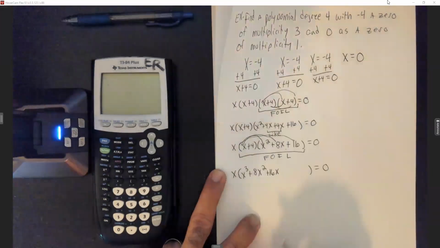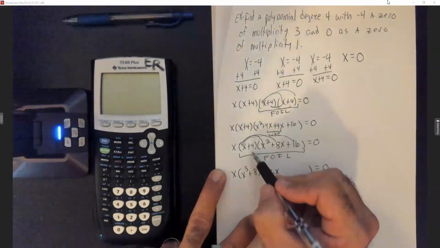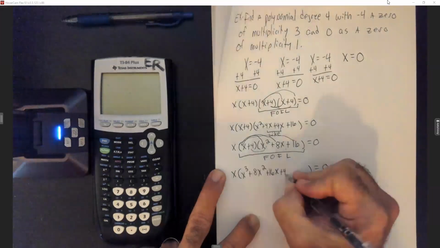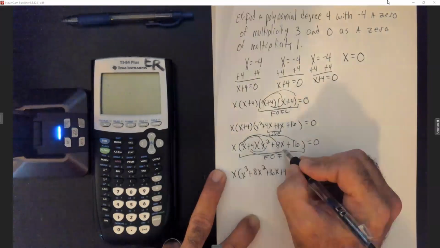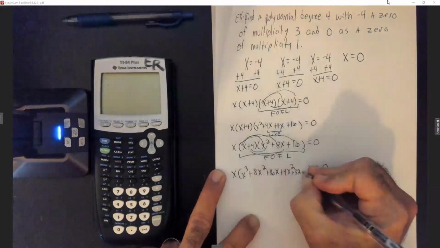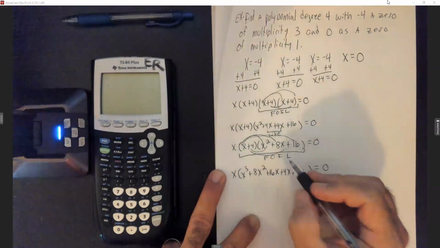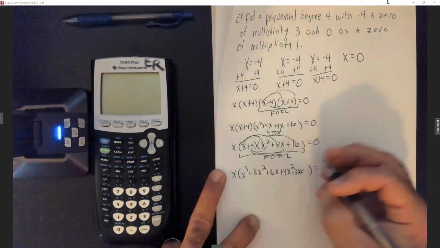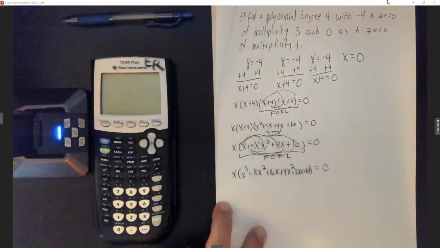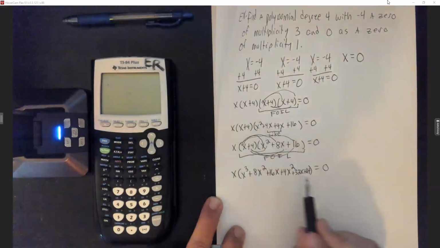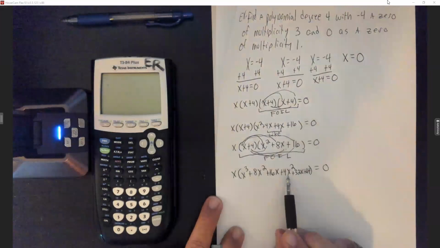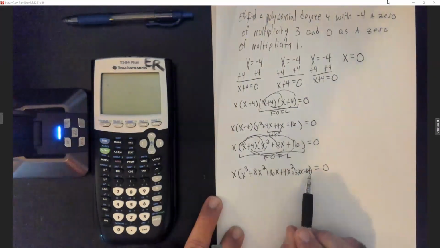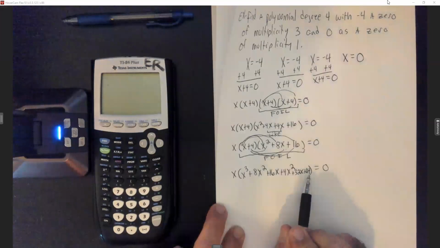Now we do the 4. 4 times x squared is a 4x squared. 4 times 8x is a 32x. Ooh, and then 4 times 16 is 64. So y'all, this one is x to the 3rd plus 8x squared plus 16x plus 4x squared plus 32x plus 64. 64 is a little hard to see there.